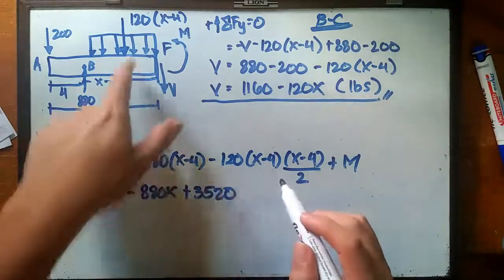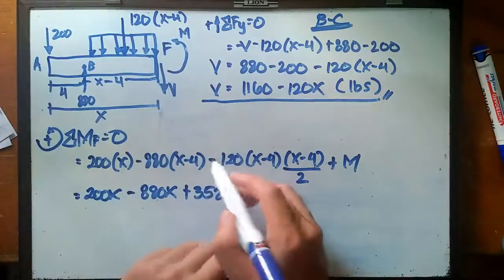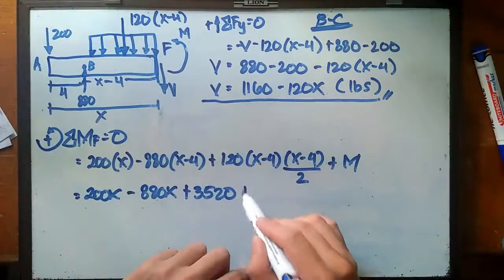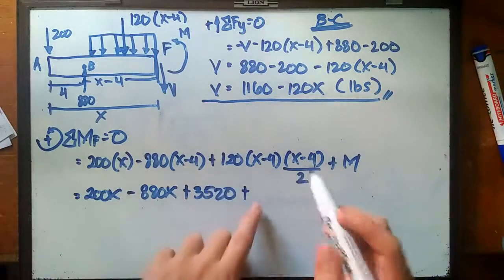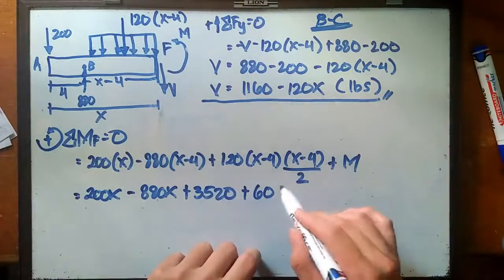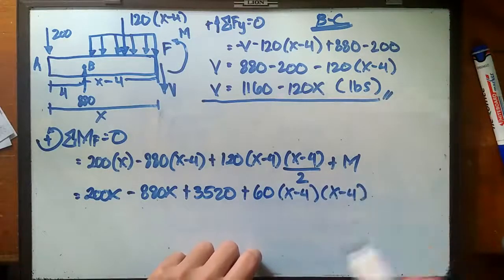Don't forget that the rotation of this 120 multiplied by (x minus 4) is counterclockwise, so that should be positive. So plus, don't forget about the sign of 120, that should be positive 60, (x minus 4), and then (x minus 4) plus M.